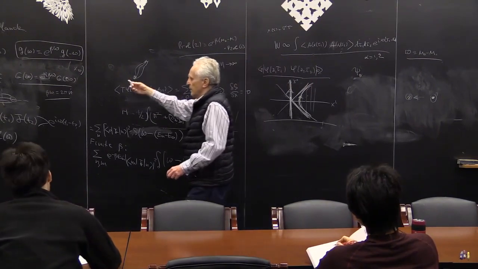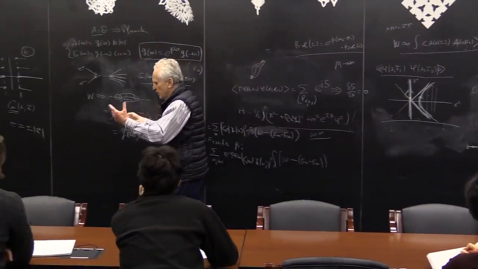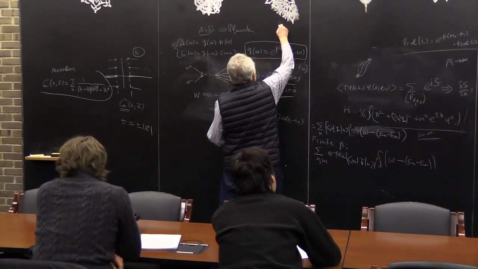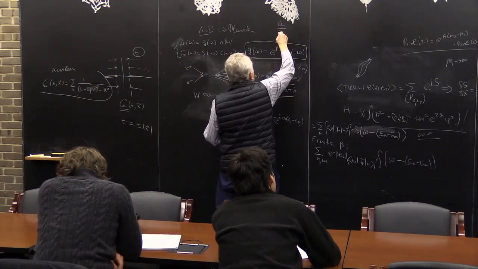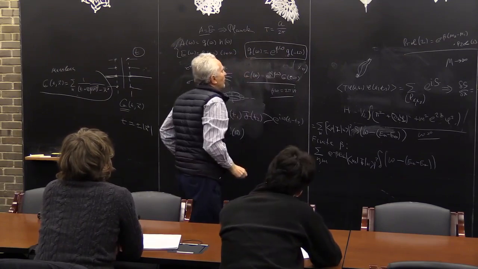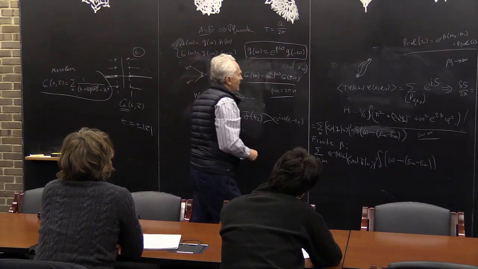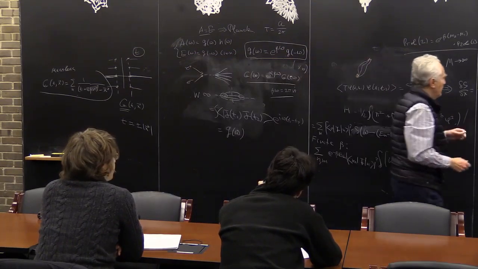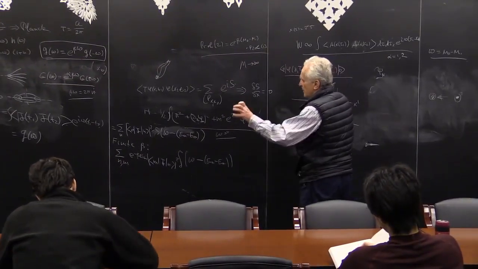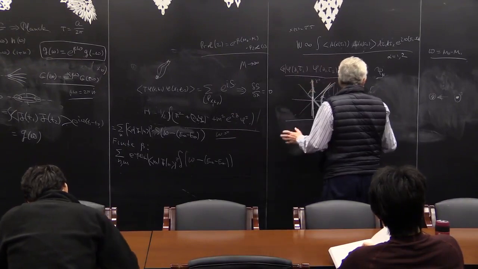In fact, we set the acceleration to 1. We took these units. In normal units, the temperature is A divided by 2 pi. That's the result for this guy, while the other is in Minkowski space, quietly at rest, and so on.